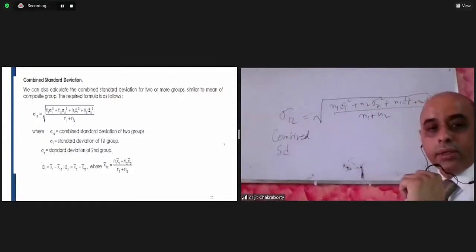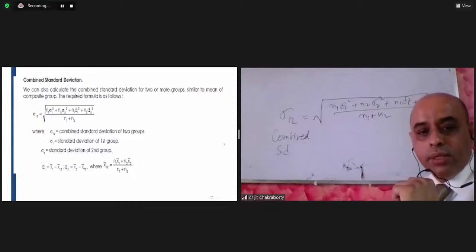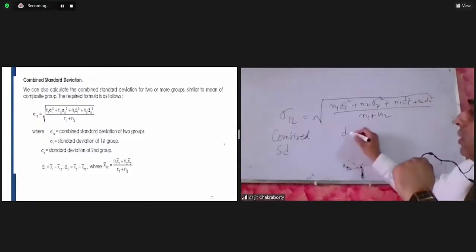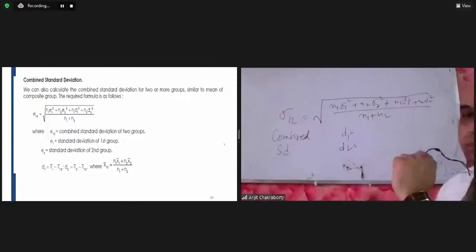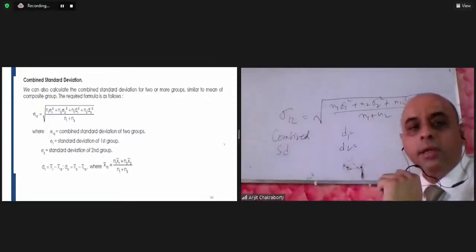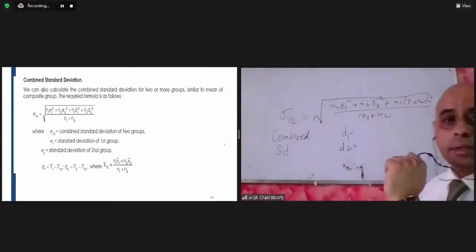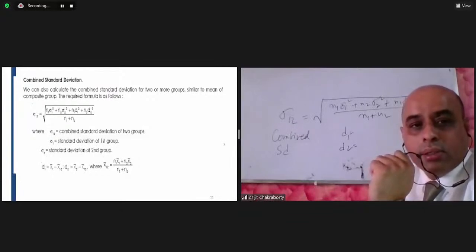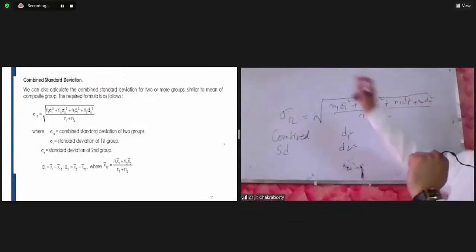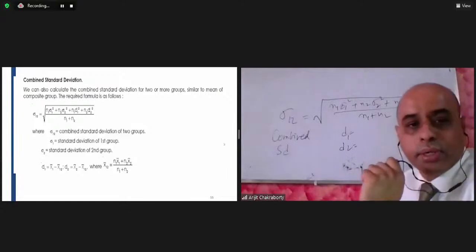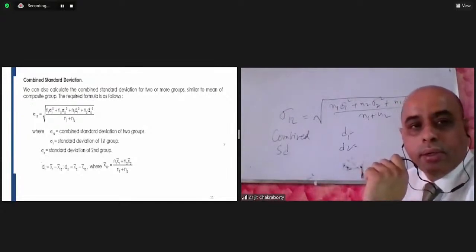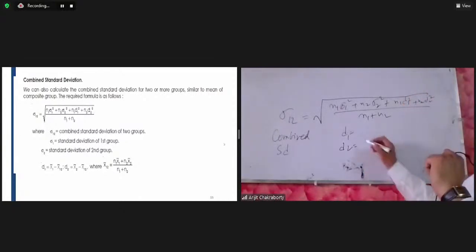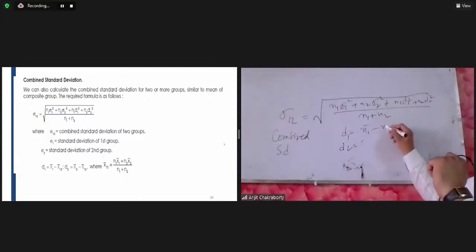Here d1 is equal to x1 bar minus x12 bar, and d2 similarly. So for the first group, we were assuming there are, for example, x1 items. So x1 bar minus x12 bar.